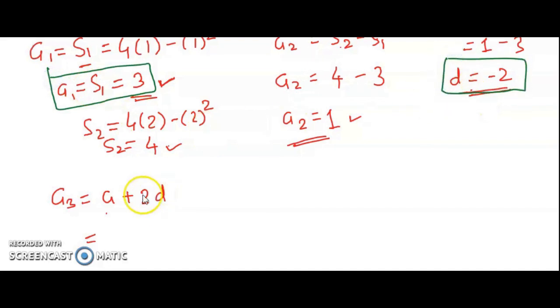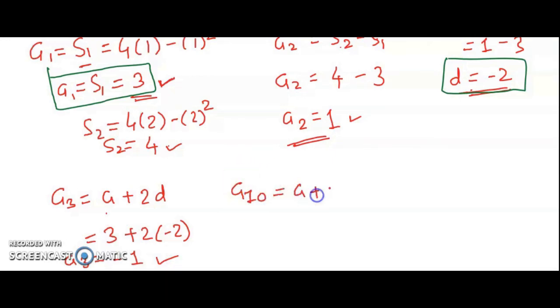So if you put it here, a is 3 plus 2 times d, which is minus 2. If you simplify this, you will get the third term is minus 1.